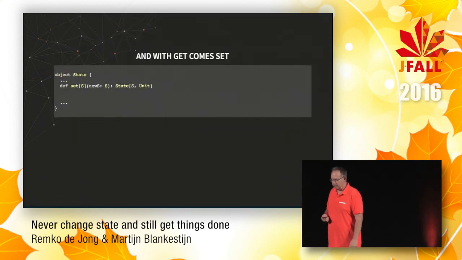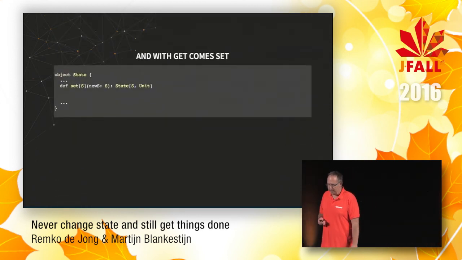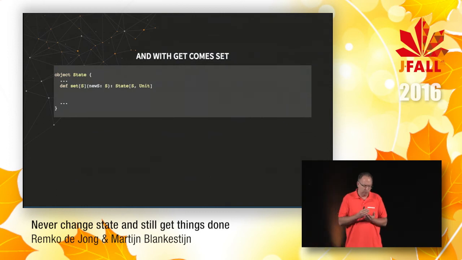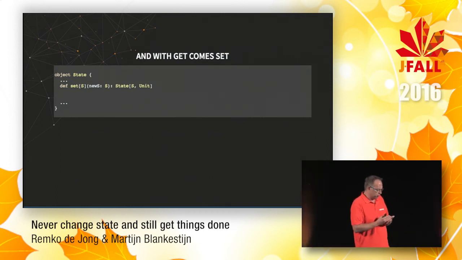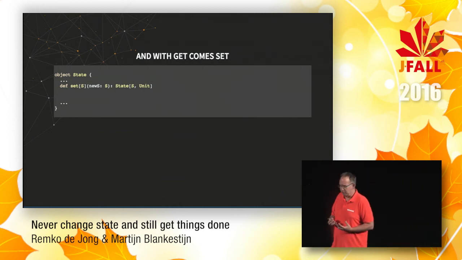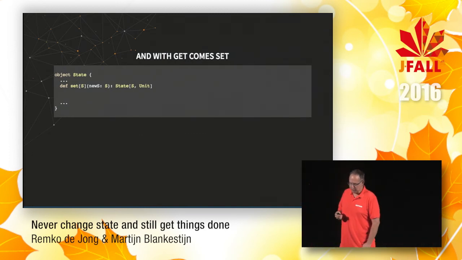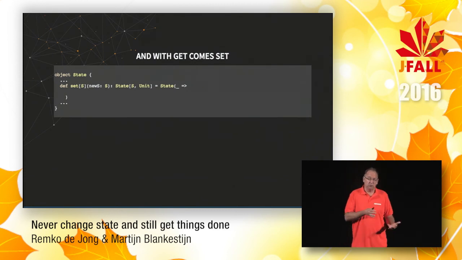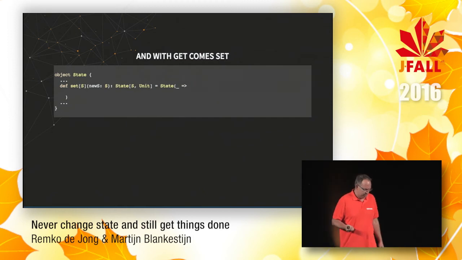Well, if we have the getter, we should also get the setter. What if you do not want to do anything with the value, but you just want to change the underlying state? How can you do that? Well, of course, with the returned function state, we're giving the new state that it should replace. That looks like this. We again create a state.